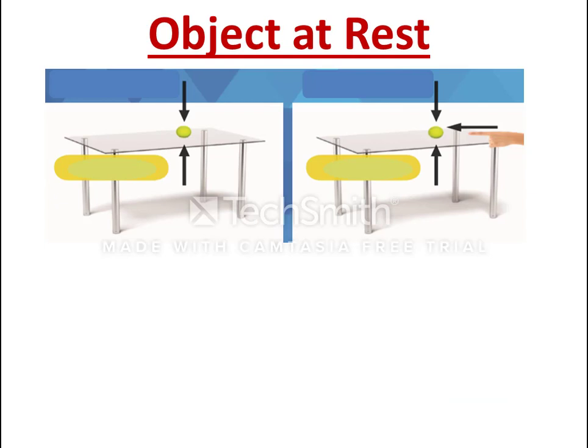Now, again, let's do it one more time. What's the force acting on the ball from the top, pushing it down? Gravity. What about the force pushing it up towards the table? It's the table force. Now, one more time, we have the gravity acting from up to down, and the opposite force is the table.